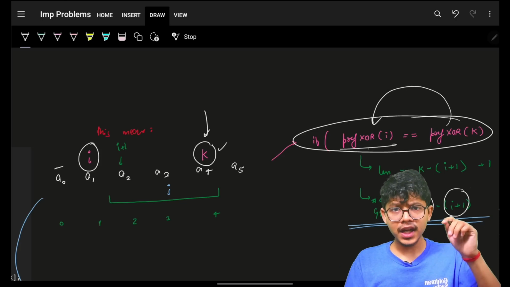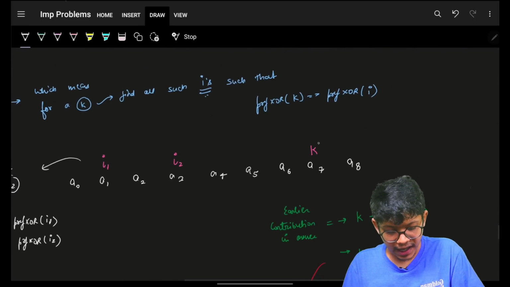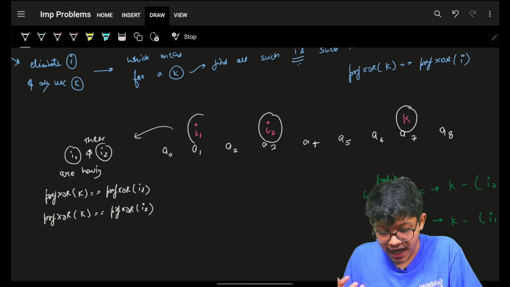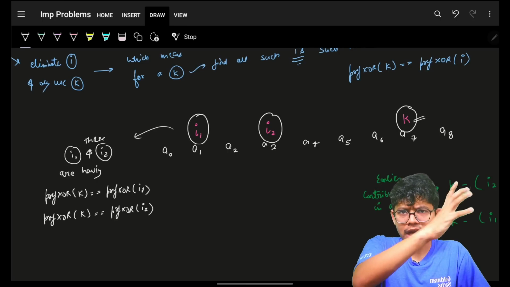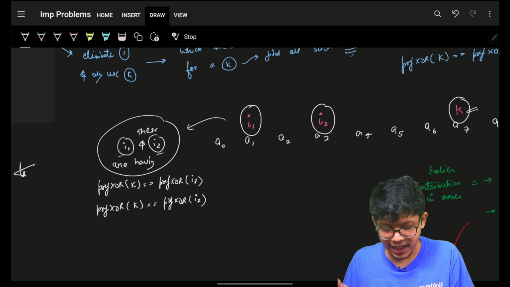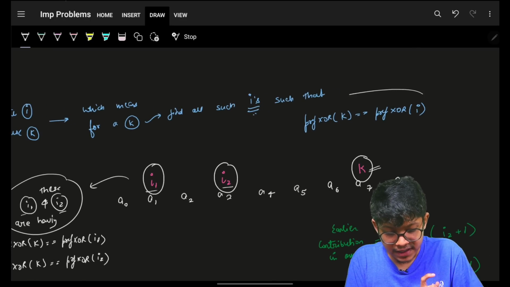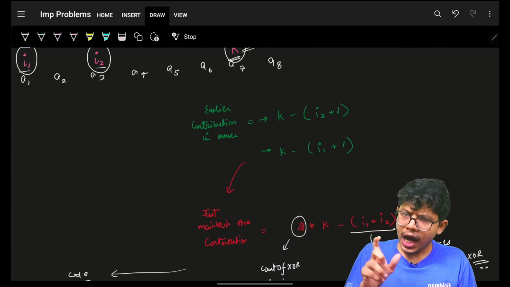But even if I figure that out, let's see what the contribution in the answer will be. So I realize, okay, my K will be fixed. I should ultimately know all such I's whose prefix XOR is the same as that of K. That's what I was doing earlier. So I should be knowing all such I's, which means I1, I2 in this case, they have the same prefix XOR as that of the prefix XOR of K. How will they contribute?